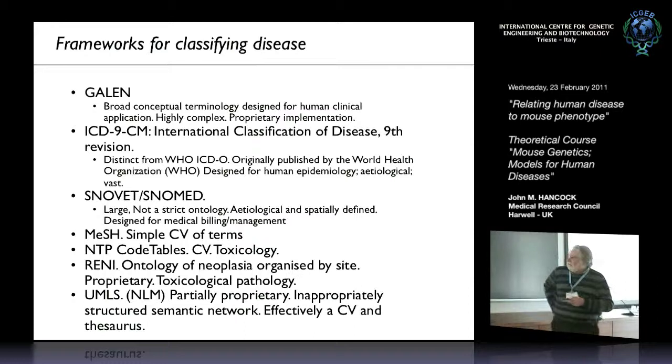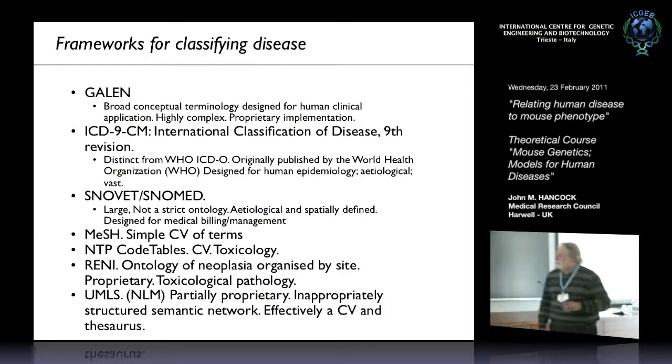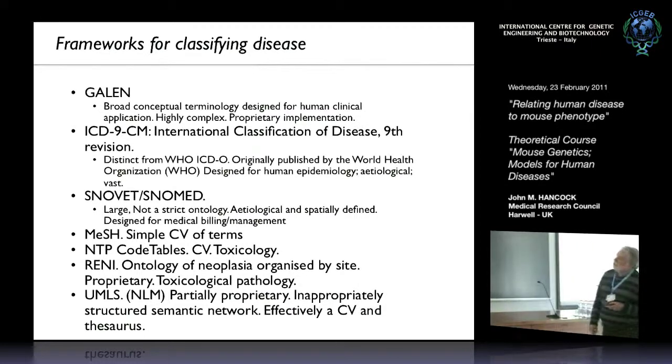We've said a few times today already that human phenotype is a disaster area, and this is sort of why. These are some of the controlled vocabularies used to describe human disease. And this is one level of the disaster area.